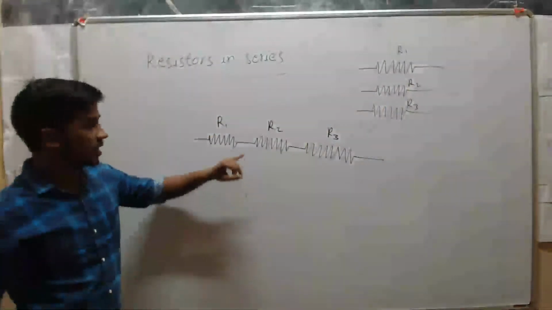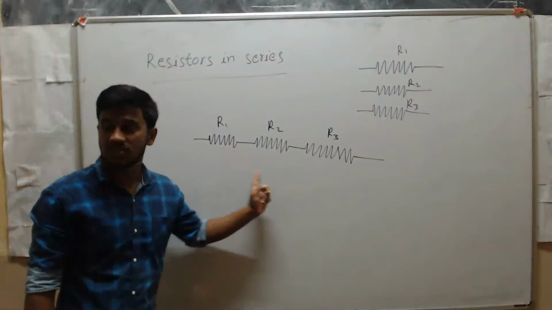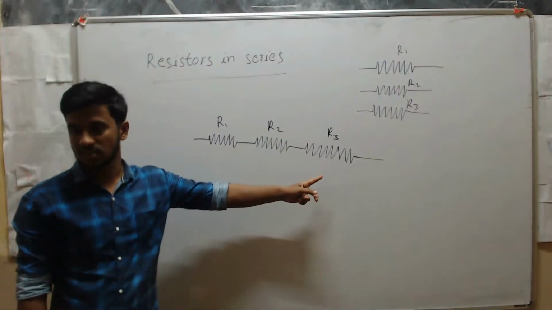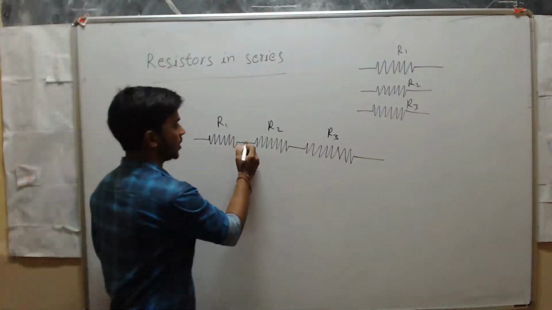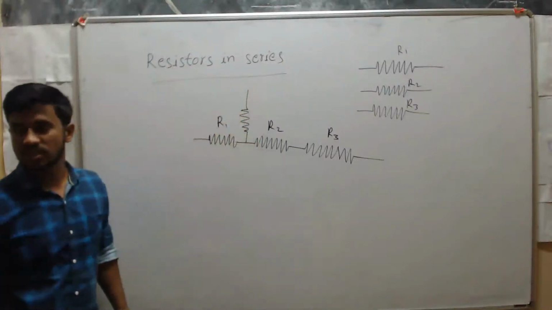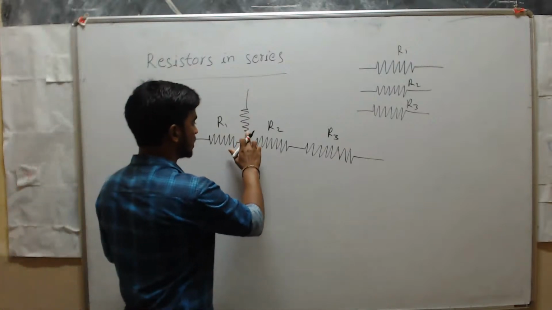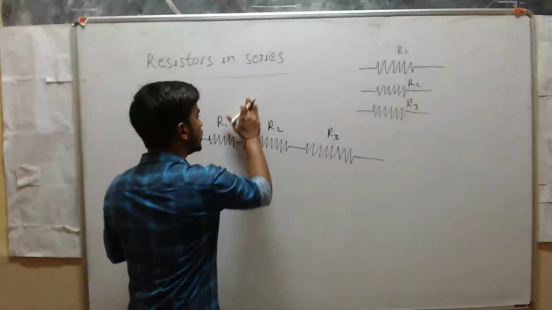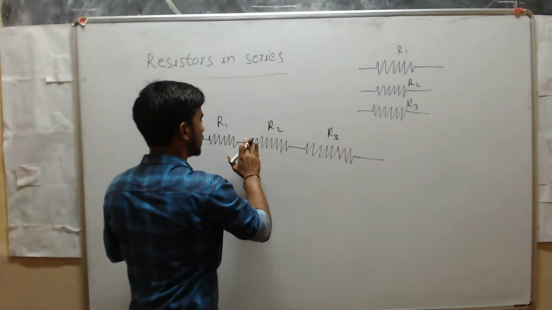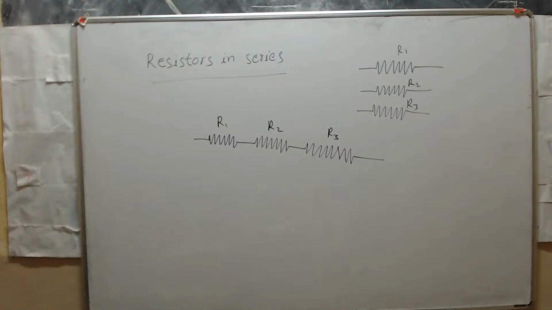Then only we can say that these resistors are in series. If you had one more resistor over here, we can't say they are in series. You have to connect only two ends.